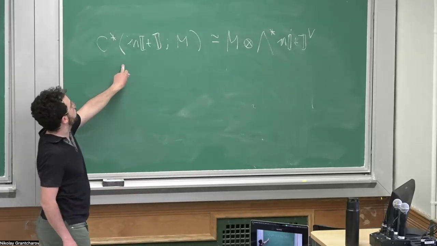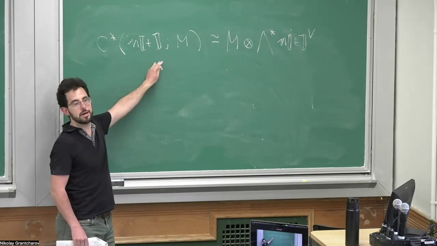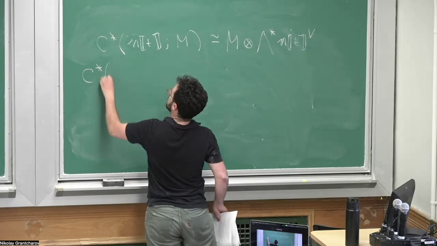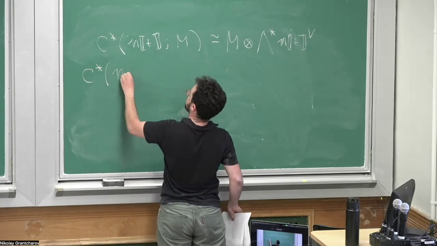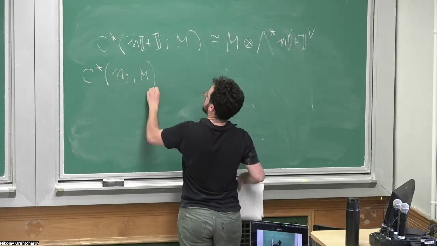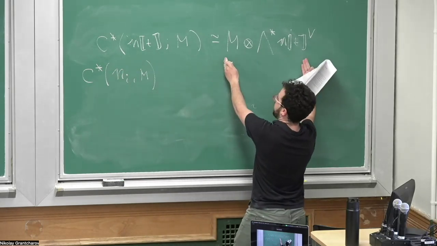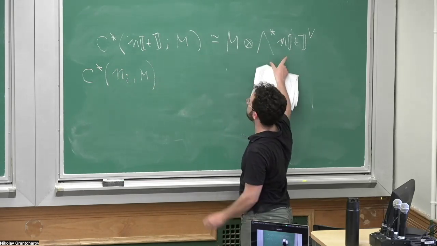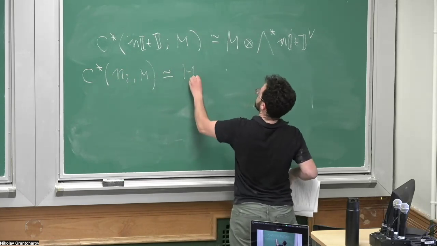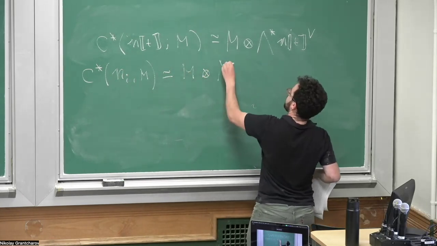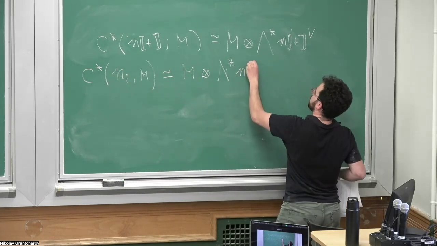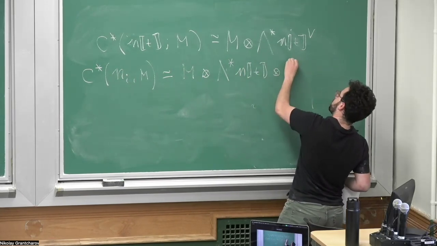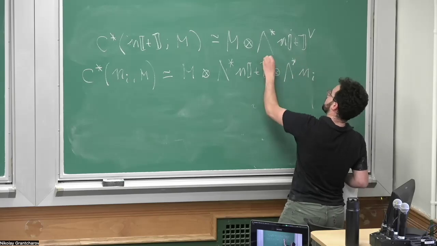And then when we go to higher n_i, we increase our Lie algebra. This complex is going to be the same thing, but now with the exterior algebra of n_i and its dual.